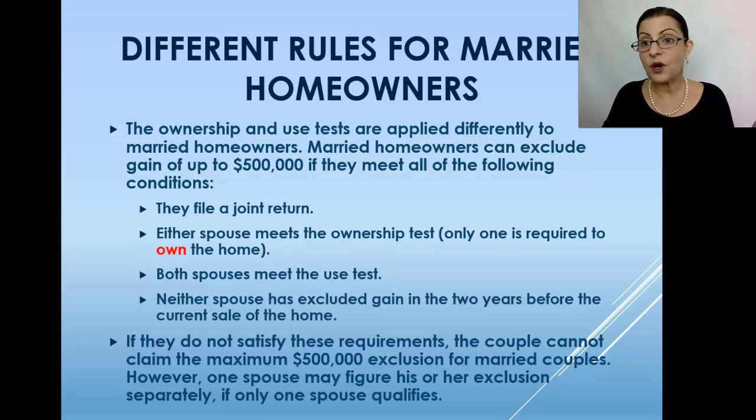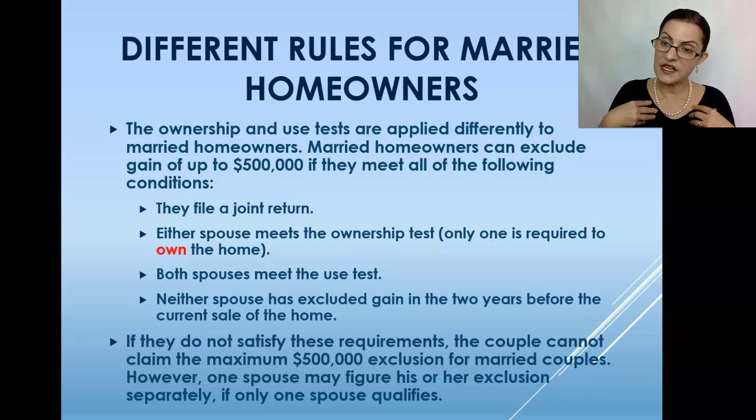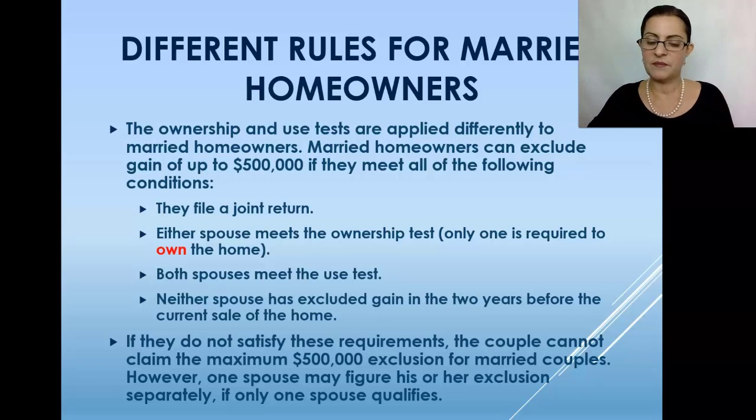Now, if we both owned the home, like I'm listed on the deed and he's listed on the deed, then it wouldn't matter if we filed separately or jointly because either one of us would be able to qualify for the $250,000 exclusion. But if only one of us owns the house, then we have to file jointly in order to get the full $500,000, which is $250,000 for each of us. Okay?